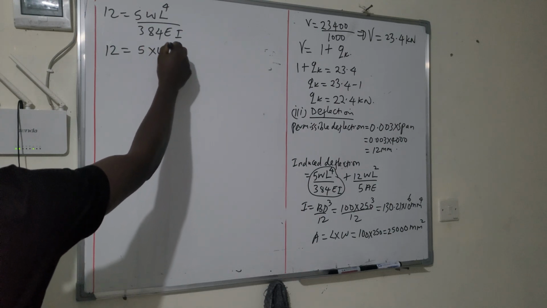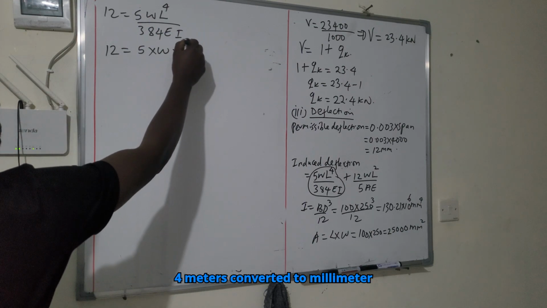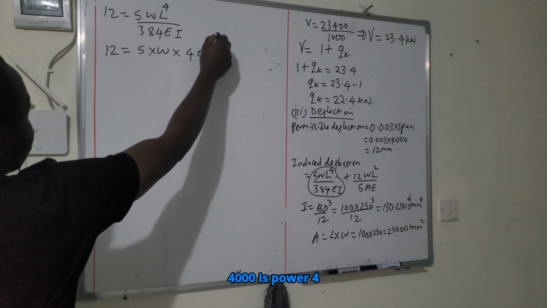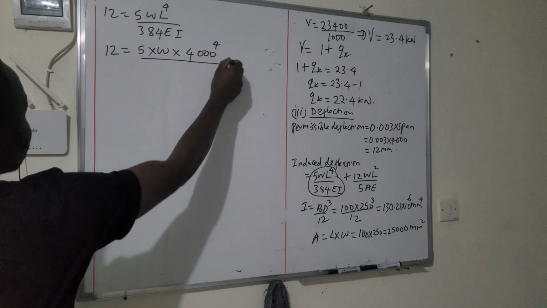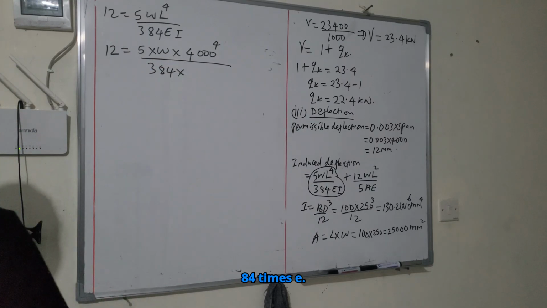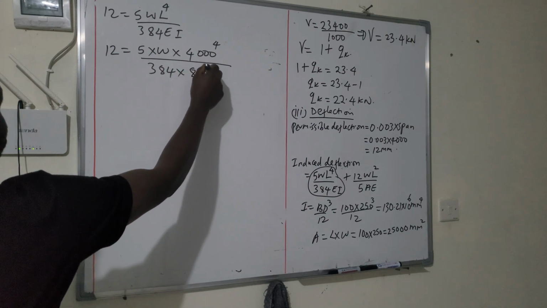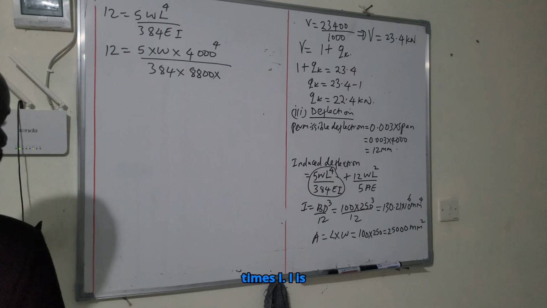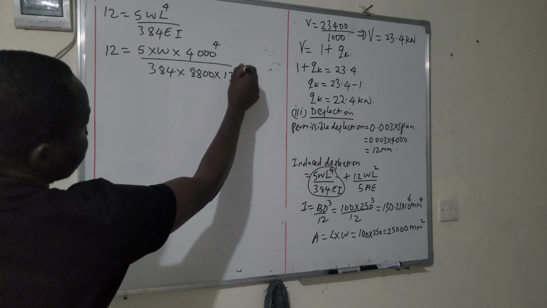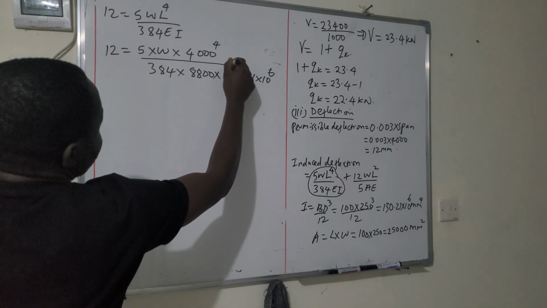So W times length, that is 4 meters converted to millimeter, 4000 to the power 4, over 384 times E. E is 8800 times I. I is 130.21 times 10 to the power 6.